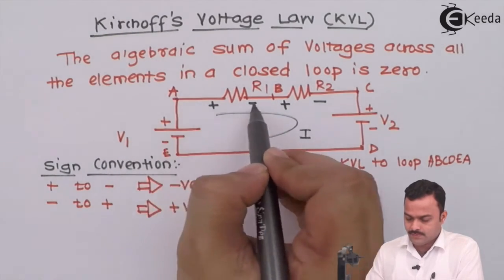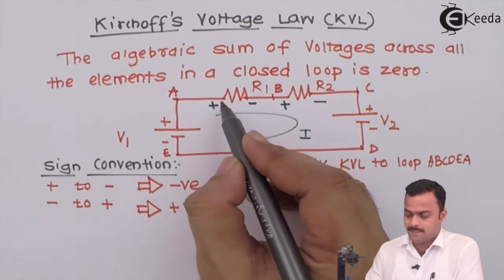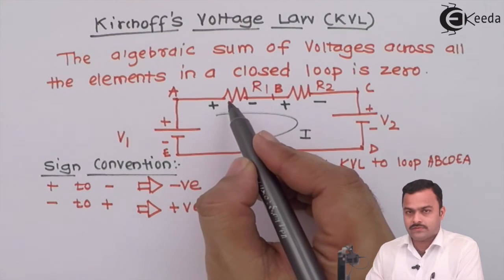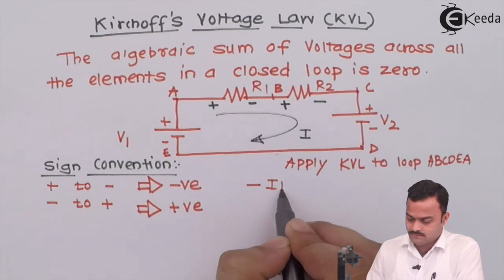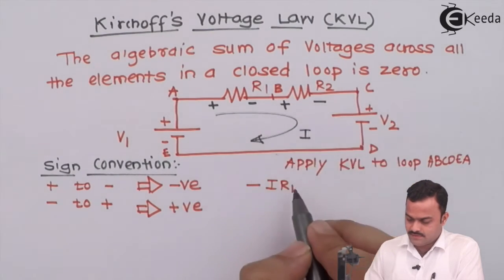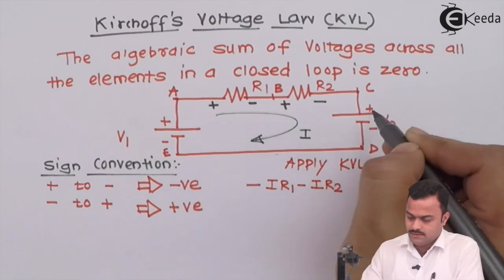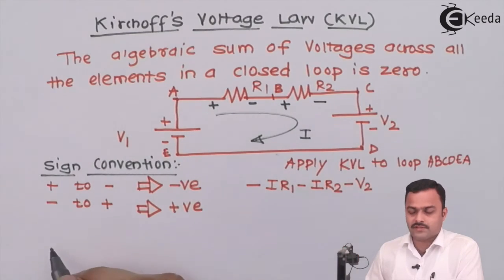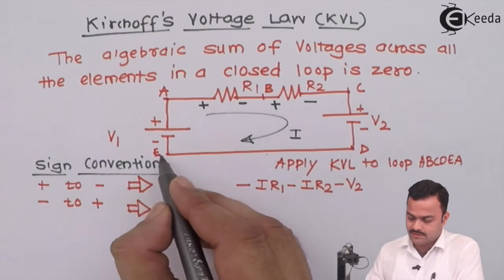A to B, plus to minus is negative, so minus, and here I'm getting a voltage by Ohm's law, which is nothing but I into R. So it is minus IR1, plus to minus again, minus IR2, then plus to minus, minus V2, which is a voltage source. Tracing from C to D, then D to E, nothing is there.